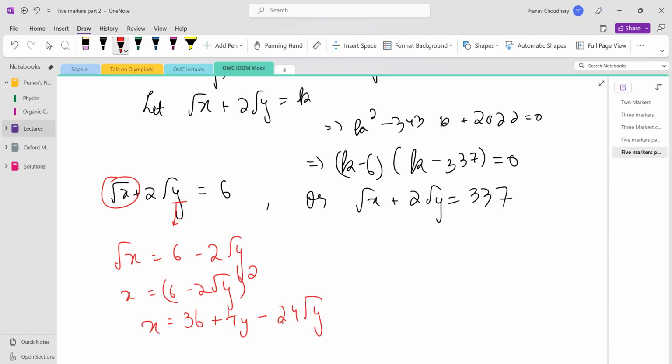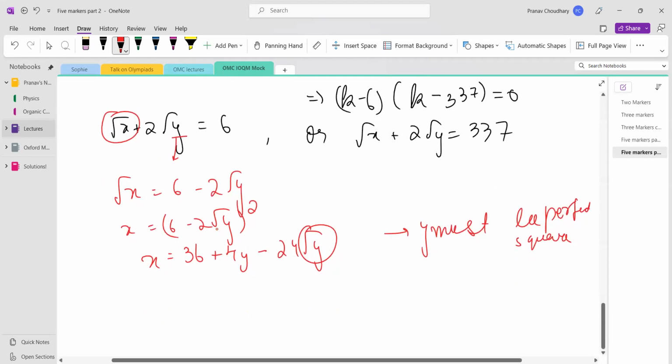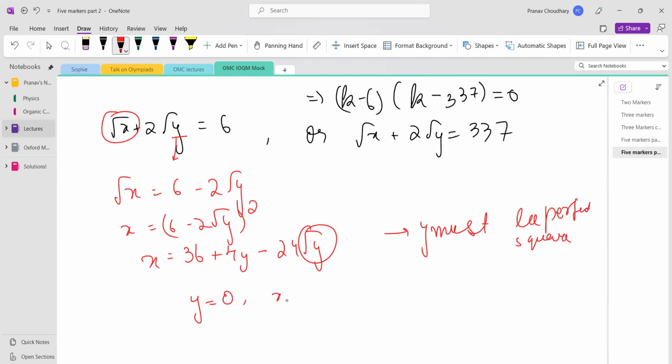So for x to be an integer, root y must be an integer, which implies y must be a perfect square.